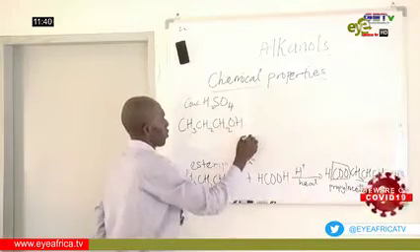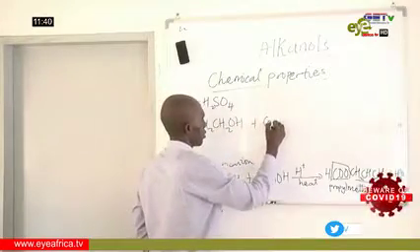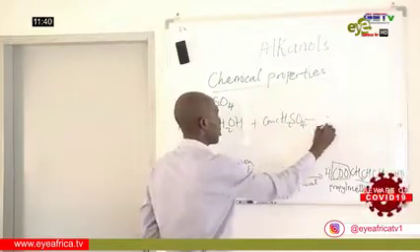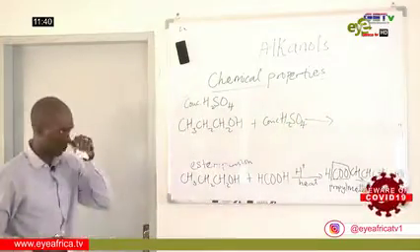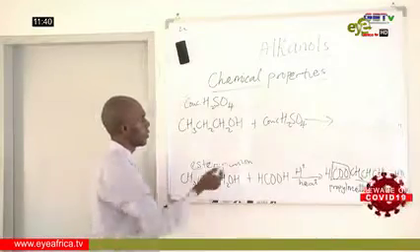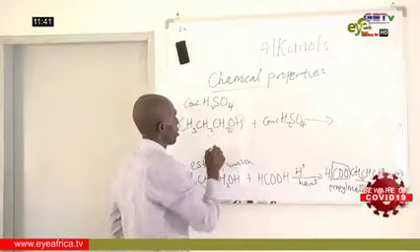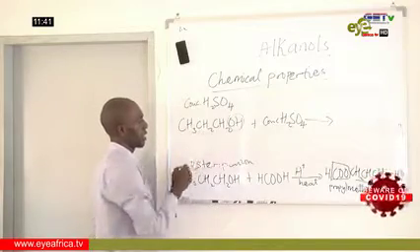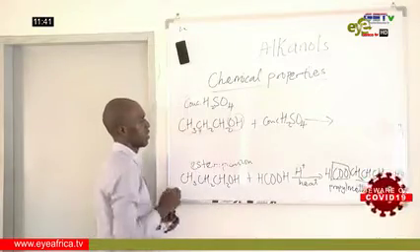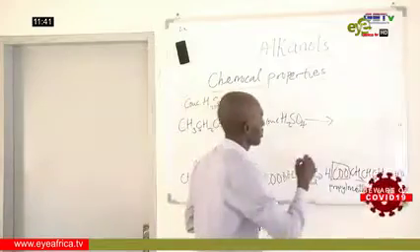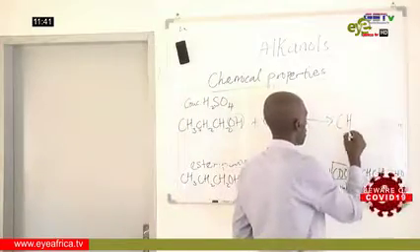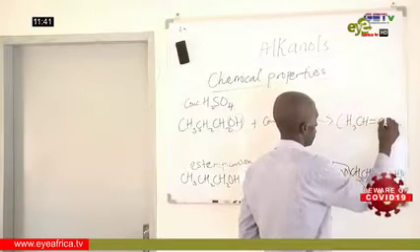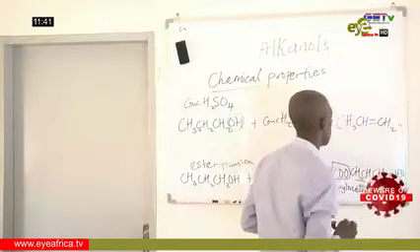When propanol reacts with concentrated sulfuric acid, this will remove OH from the carbon that bears the functional group, and then a hydrogen from the adjacent carbon, and this is the adjacent carbon here. As a result, it will form another organic compound which is made up of double bonds.